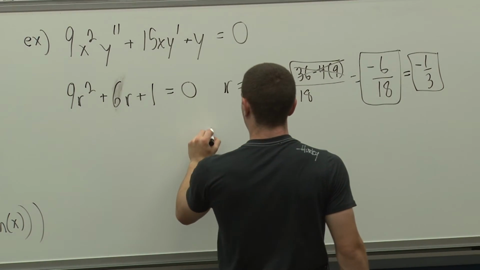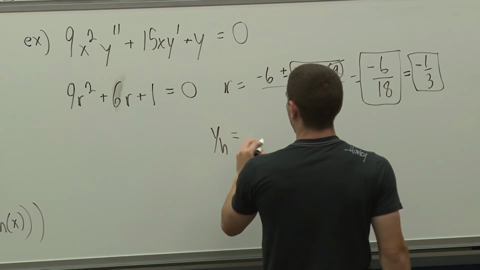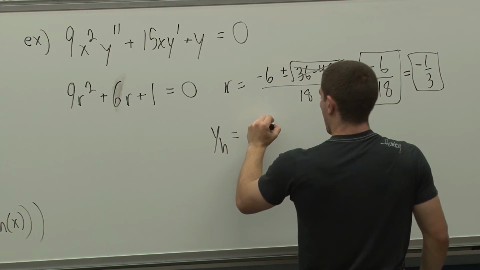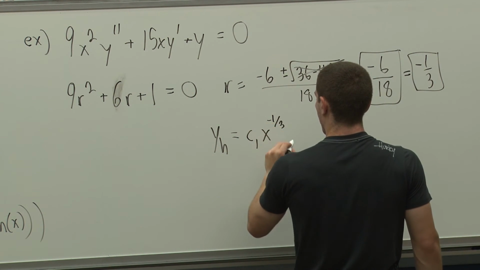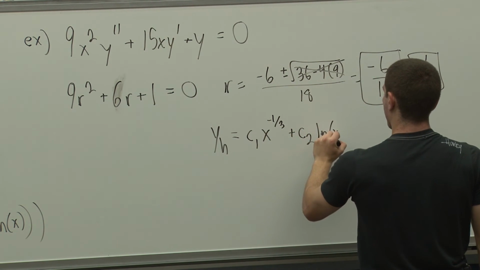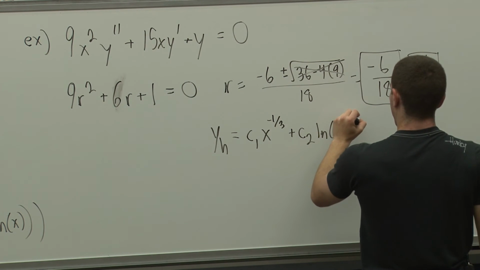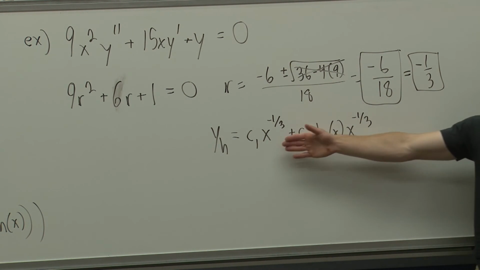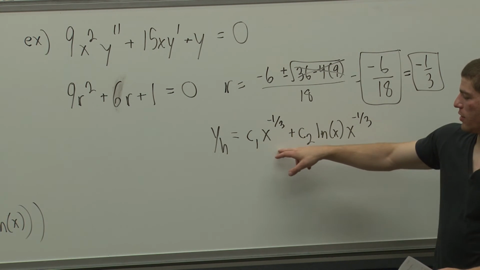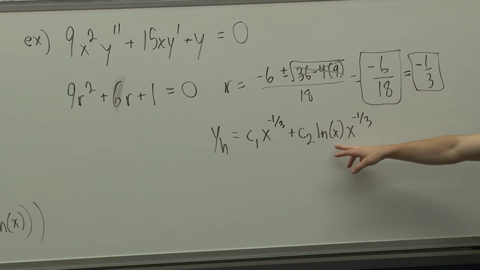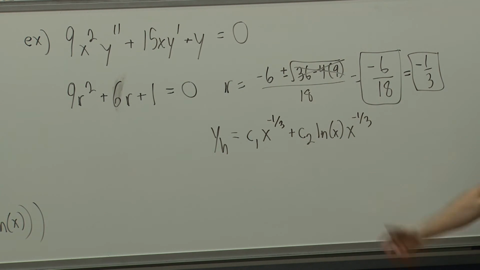So our y homogeneous is going to equal c1 x to the negative 1/3, plus c2 times the natural log of x times x to the negative 1/3. Another way you can write it is c1 over the cube root of x, but that's the same thing.